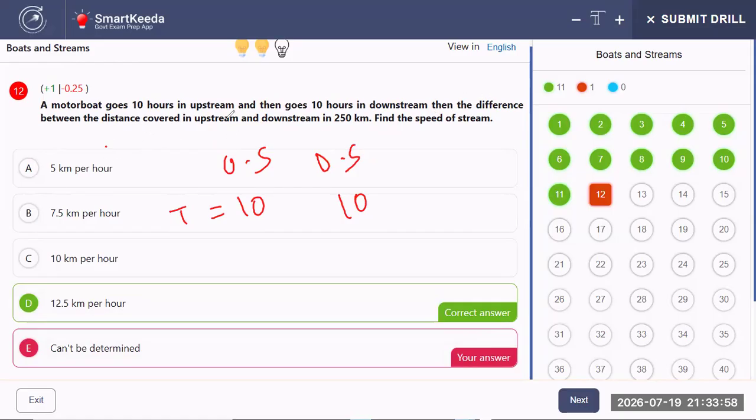If the difference between the distances covered is 250, find the speed of the stream. But here we have a difference of distance, so distance is not the same. If the distance had been the same, speed and time would be inversely proportional to each other.